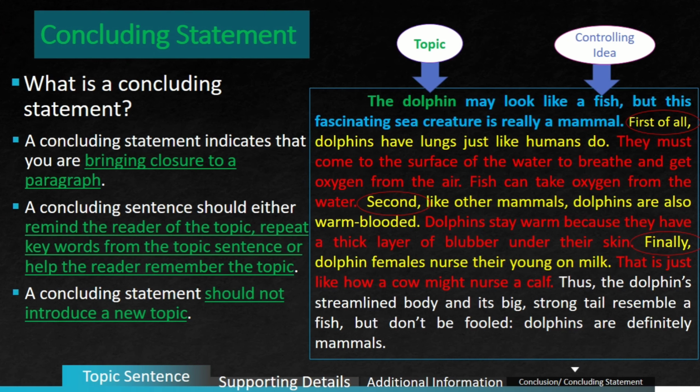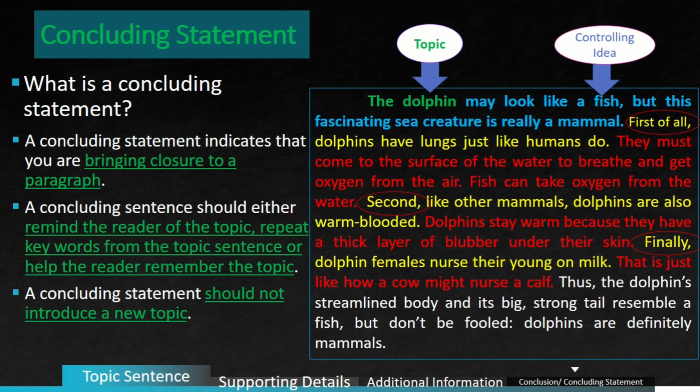A concluding sentence or statement should either remind the reader of the topic, repeat keywords from the topic sentence, or help the reader remember the topic. And please take note that a concluding statement should not introduce a new topic.